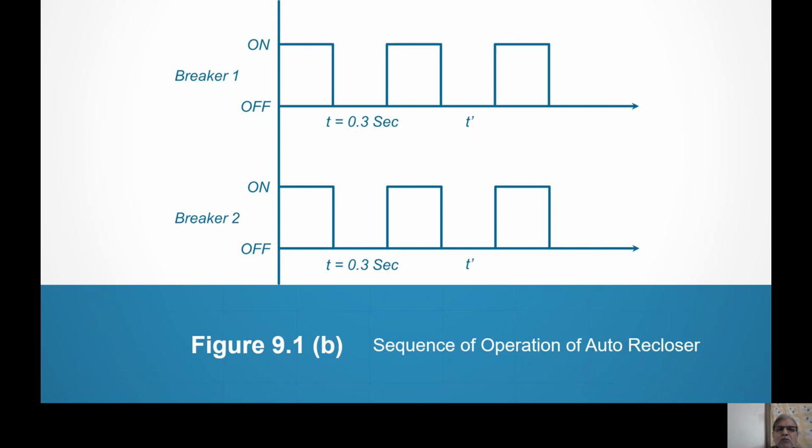People have compared up to 9 shots because nowadays numerical relays are giving facilities for circuit breakers to go for 9 shots. I mean, a 2-shot circuit breaker is more than enough.